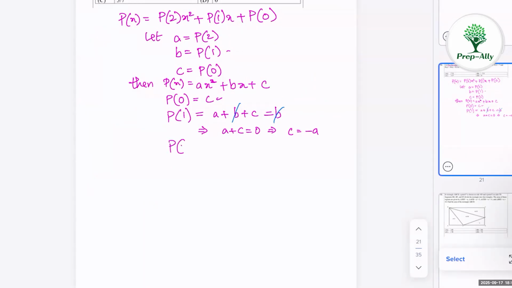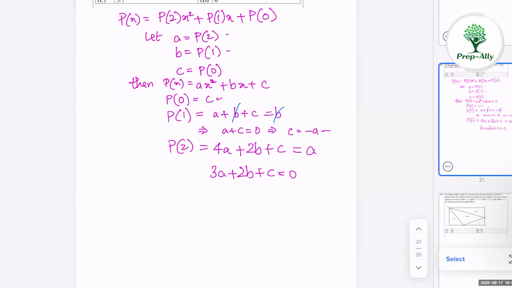Now let's write p of 2. So p of 2, if we substitute in this equation, we get 4a plus 2b plus c, which is also equal to a because we set that, right? And from here we get 3a plus 2b plus c equal to 0. But we already got c equal to minus a.